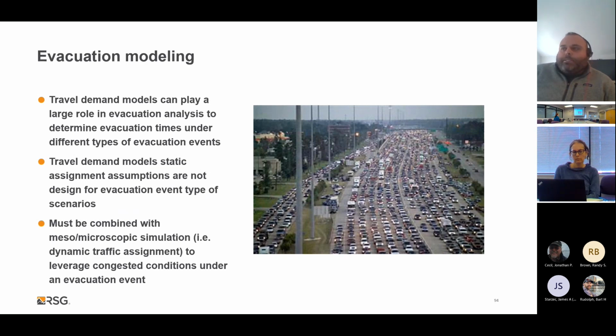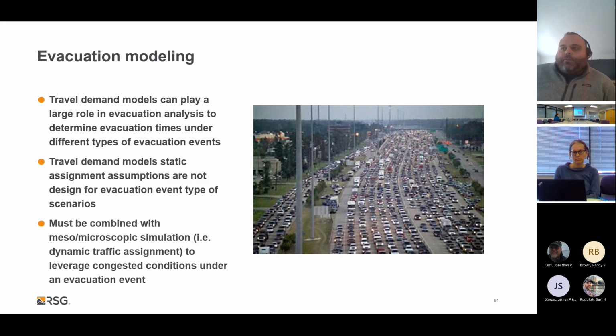What this basically means is that the current travel demand model uses volume delay curves that are based off the Highway Capacity Manual, and they have limitations once they run into extreme congested conditions. So when you get to oversaturated or super saturated events, the current travel demand model assignment algorithms aren't able to actually reproduce what the true level of delay would be.